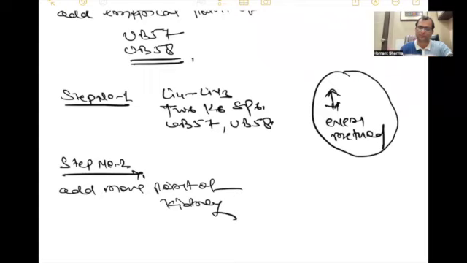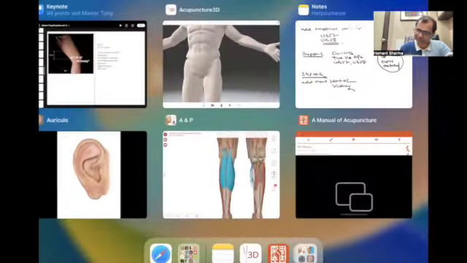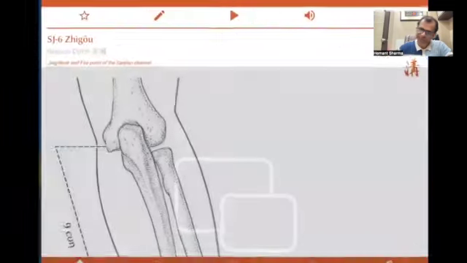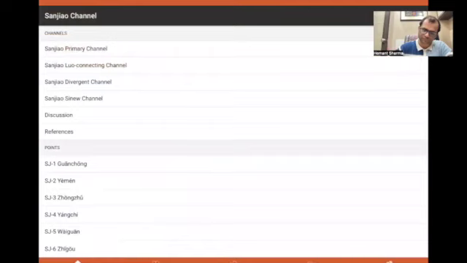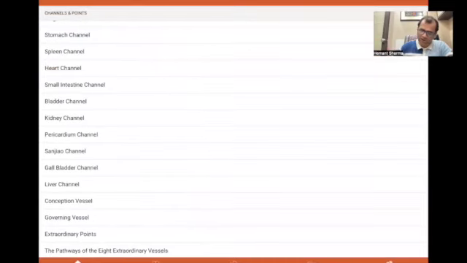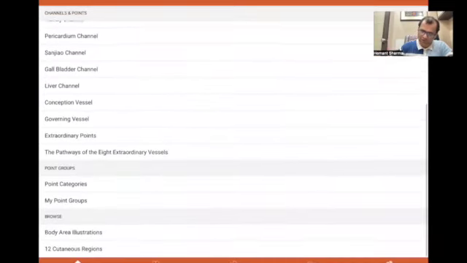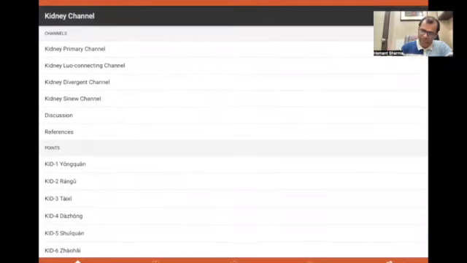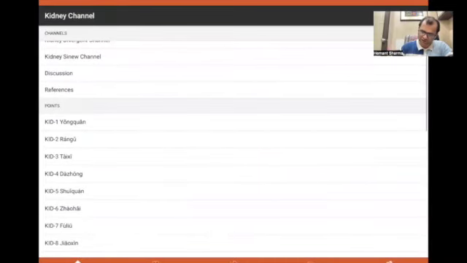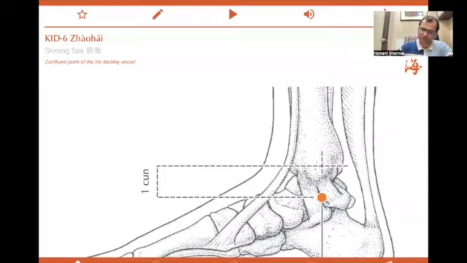So I will show you few points here. Look at here. We already have seen the location of kidney 6. हमने अभी अभी kidney 6 की लोकेशन को देखा.